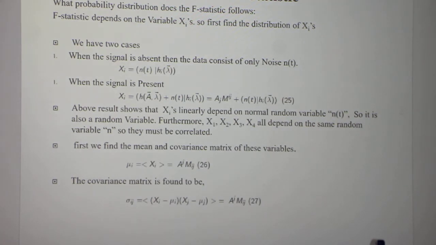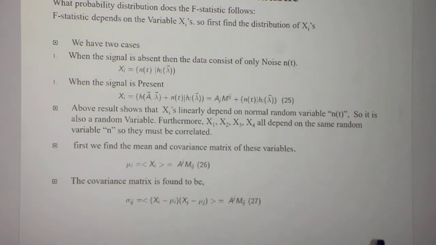Yeah, so as I said, the F statistic depends on the xi's, and the xi's depend linearly on Gaussian noise, so the xi's must also have a normal distribution.